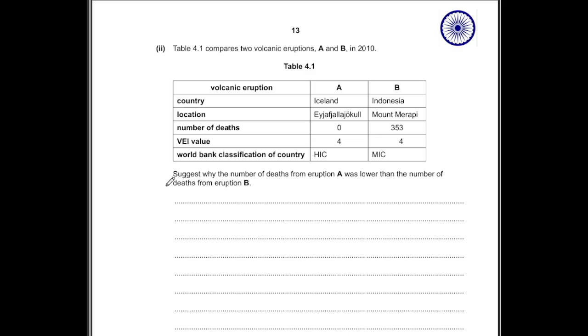So first point must be, more deaths means more people. Have a link to the answer in your mind and then you can easily answer it. So if there are more deaths, of course, Indonesia has more population. Okay, this is one of the reasons.